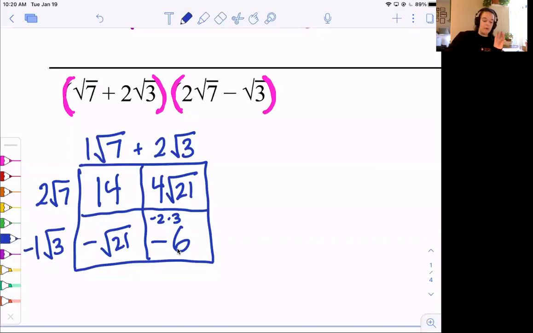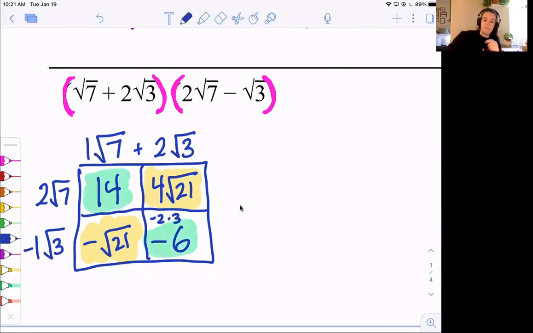So what, if any, like terms do I have here? What, if any, like terms do I have? The square root of 21s are like terms for sure. Any other like terms? Yeah, 14 and negative 6, right?